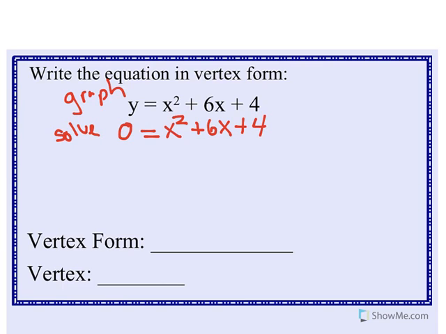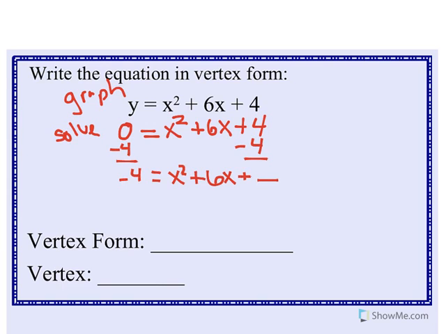Now, the first step said that we need to create a blank space where the constant is. So I need to move that plus 4. So the opposite would be minus 4. So 0 minus 4 is -4 equals x squared plus 6x plus this empty space we just created by moving the 4.